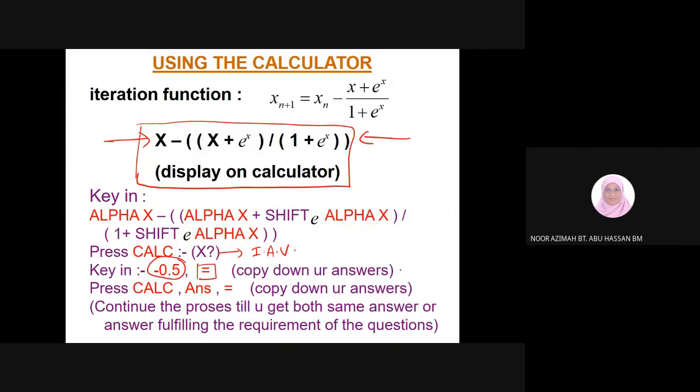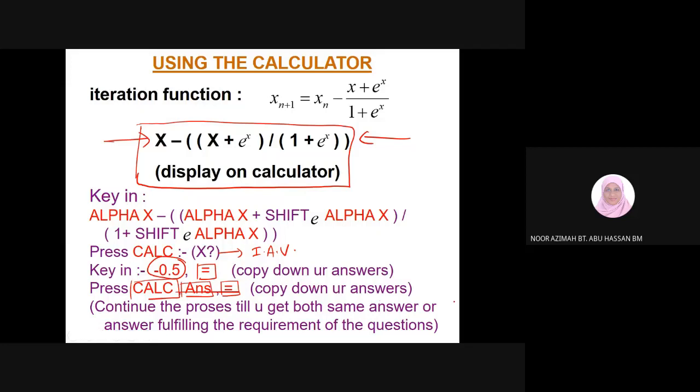What does copying down your answer mean? I will explain later. Then you continue by pressing calc, answer, and the equal sign. Just repeat the process: calc, answer, equal sign. It means the calculator will compute using the previous answer.